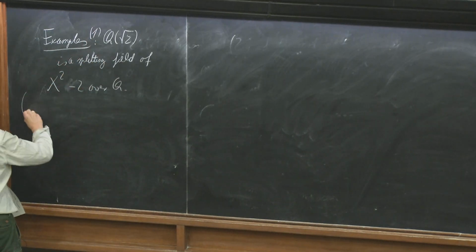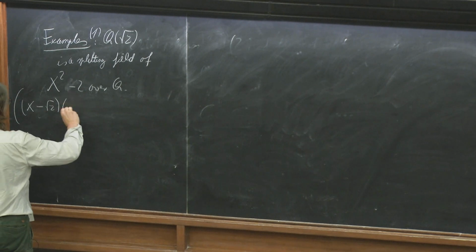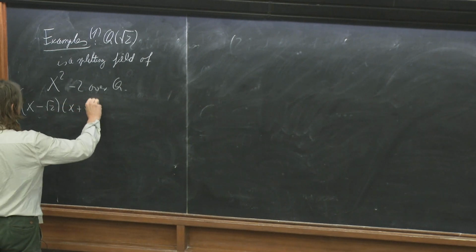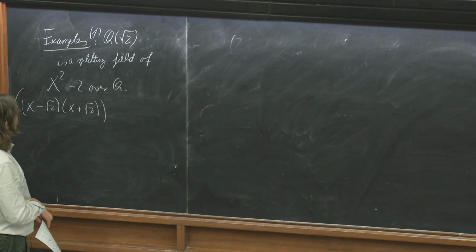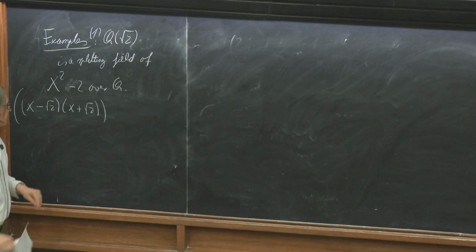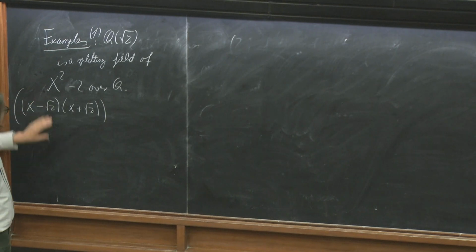We have here the splitting: x minus square root of 2 times x plus square root of 2, splitting of this polynomial into linear factors. And obviously, this polynomial doesn't split over any intermediate field because square root of 2 does not lie in Q.